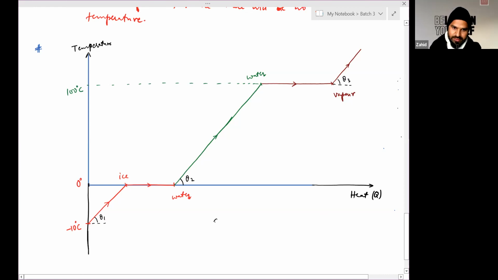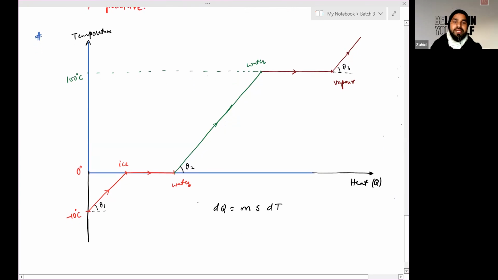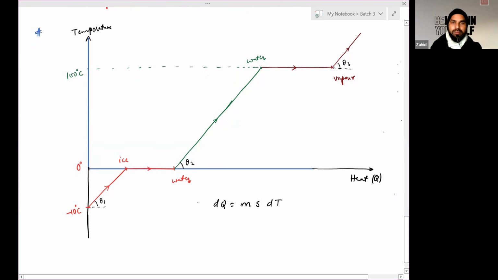So we may write dq equals mass of substance times specific heat constant related to that part times change in temperature. For this graph, we have temperature on the perpendicular side and heat on the base side. So move this dq towards the right and the rest of the terms towards the left.